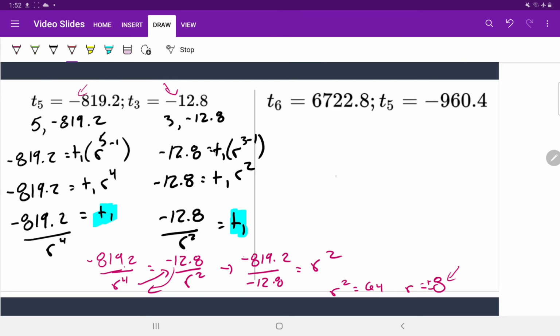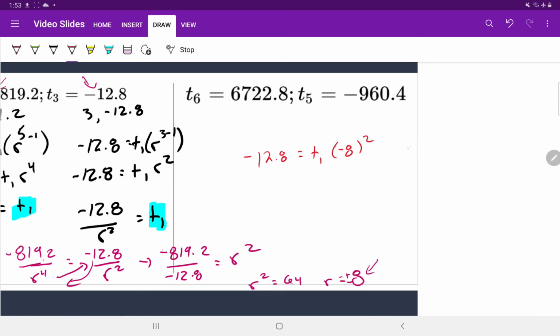So for term 1, I'm just going to plug this value into either one and see if it works. So negative 12.8 is equal to T1 times negative 8 squared.